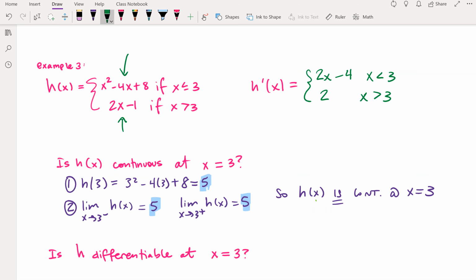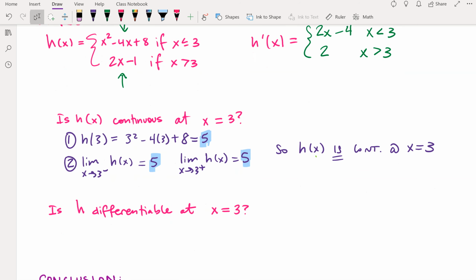And now we need to check, is this function differentiable? So we're going to do step 2, the limit step, but for the derivative. So limit as x approaches 3 from the left of h prime of x equals, and we're going to plug into the left piece. So the left piece was 2x minus 4, which equals 2 times 3 minus 4, which is 2.